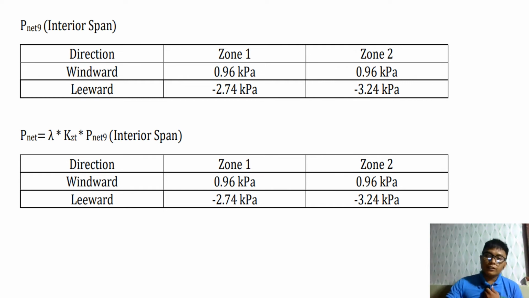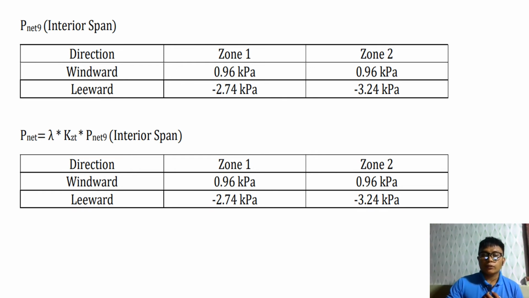And for the PNet, the formula is just the lambda times the KZT, which is both 1.0, and the PNet 9, which is these values here in the above table. So by calculating this PNet, this will give the following values on the table.